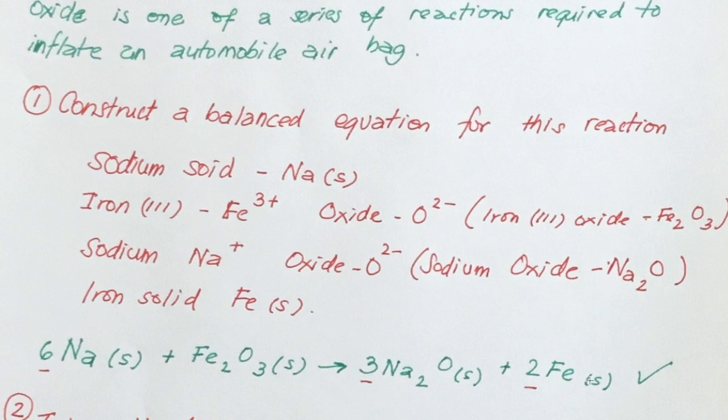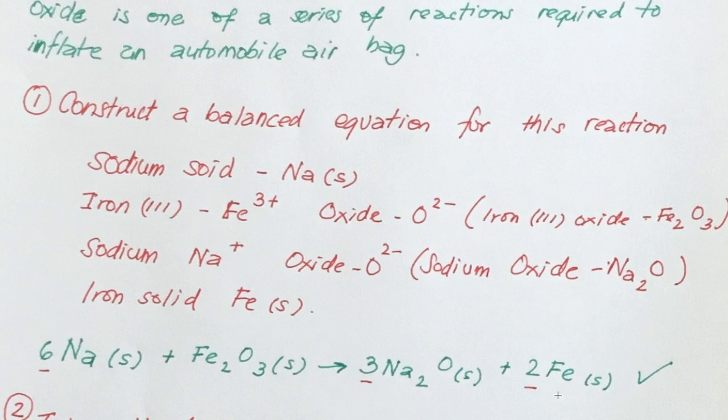Then we go about balancing this equation. To balance an equation, the only place in which we're allowed to put coefficients or whole numbers is in front of full formulas. So to get this balanced, we look at sodium, and we see that originally there was a 2 here and nothing here.